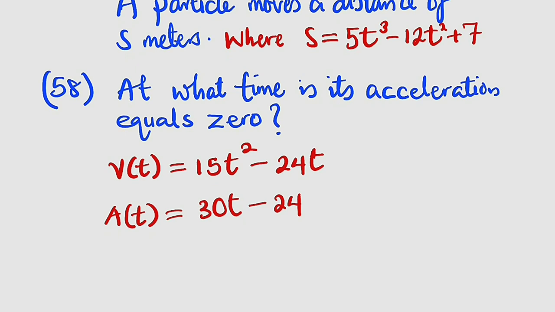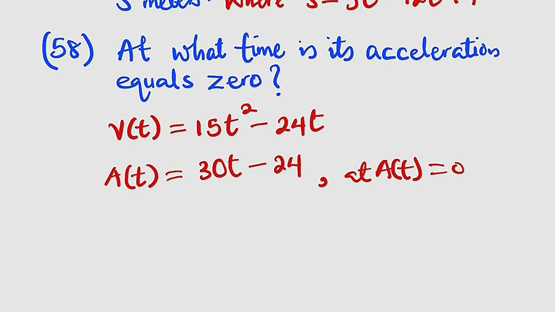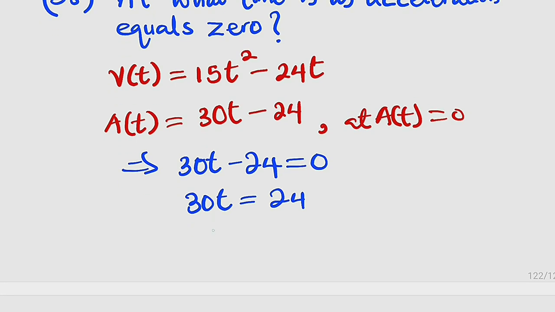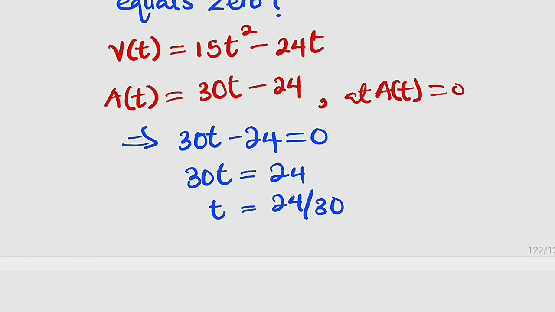All right. So at what time? We are looking for the time when the acceleration is equal to 0. So this is at a of t equal to 0, meaning we are going to set everything equal to 0 here. This implies that 30t minus 24 will be equal to 0. 30t will be equal to 24 as negative 24 crosses over, and t will be equal to 24 divided by 30. 6 can divide 24 exactly 4 times, so this is 4, and 6 can divide 30 exactly 5 times.